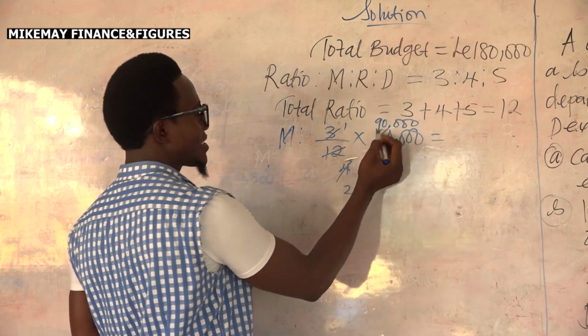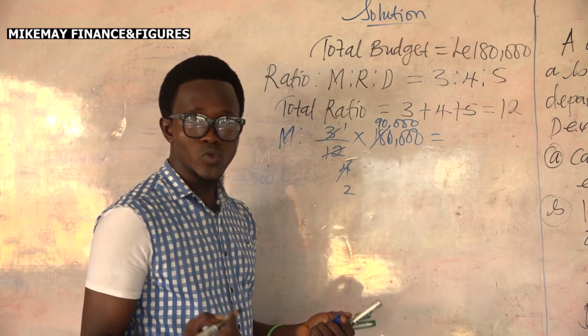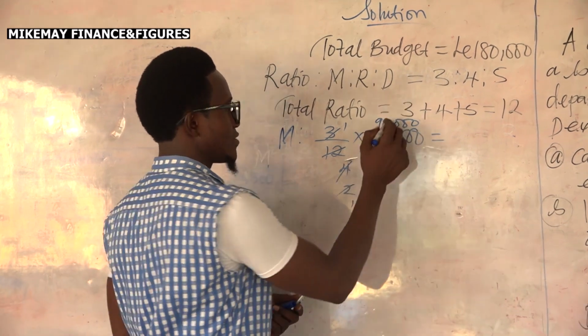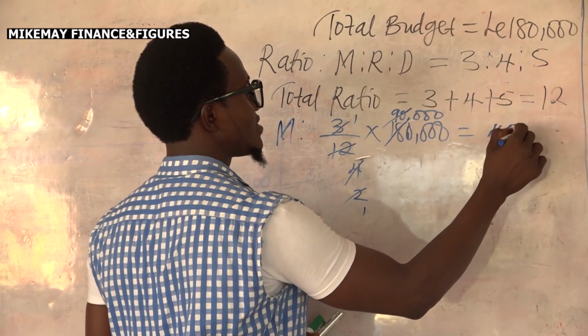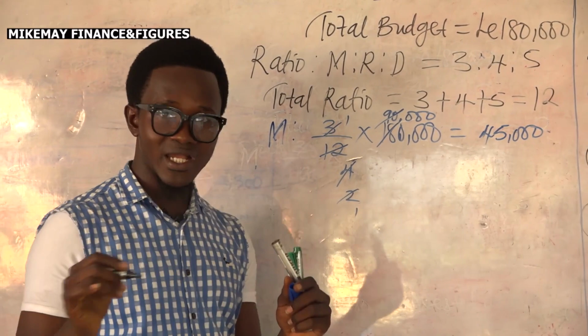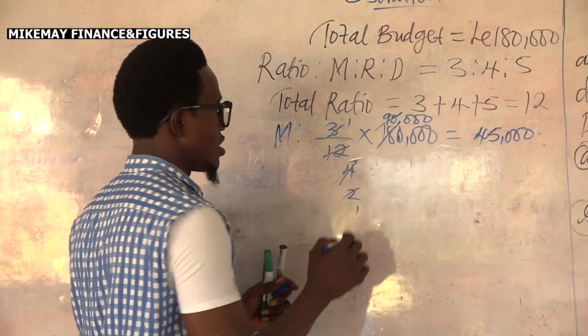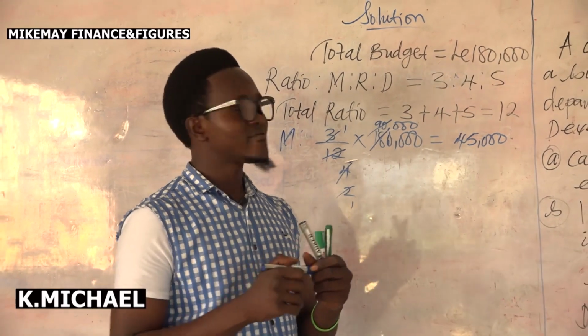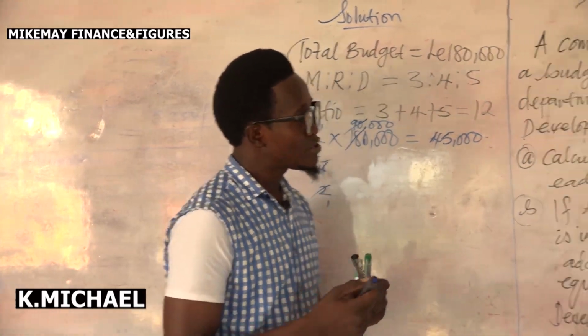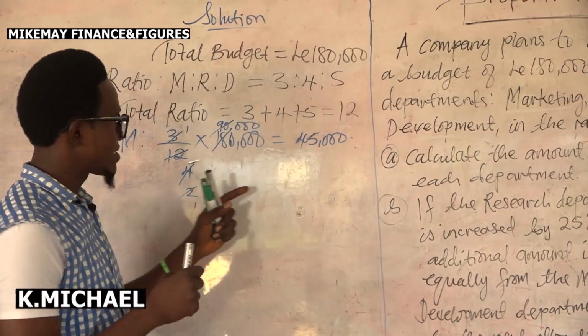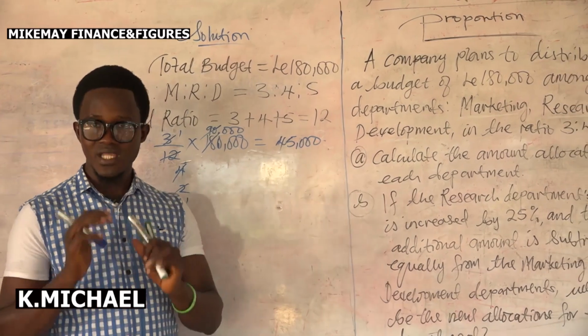Of course, 90,000 can further be divided by 2. So 2 into 1, 2 into 90,000 is 45,000. Agree, right? Good. So this means out of the 180,000 loans total budget, the amount that should be allocated to marketing is 45,000 loans.